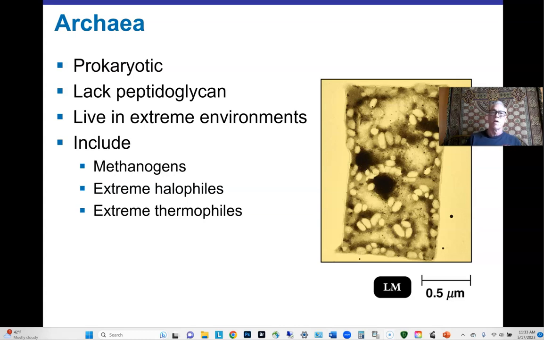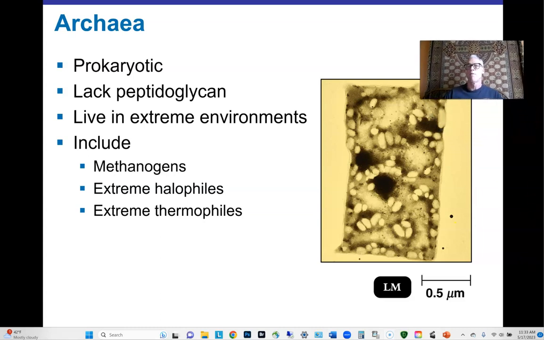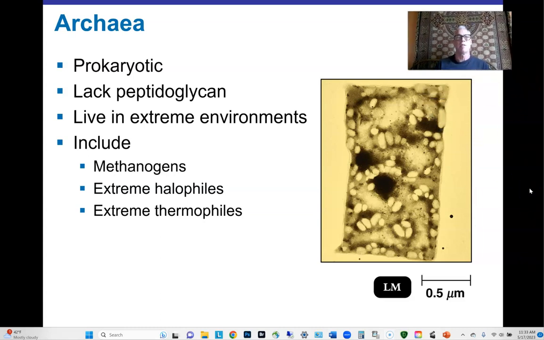Archaea are also prokaryotes, and in that way they're a lot like bacteria, but instead of peptidoglycan, they have a different type of material that makes up their cell wall. They do have a cell wall. Interestingly, Archaea are known for some of which are able to live in very extreme conditions, extremely salty environments like Great Salt Lake, extremely hot temperatures like hot springs.